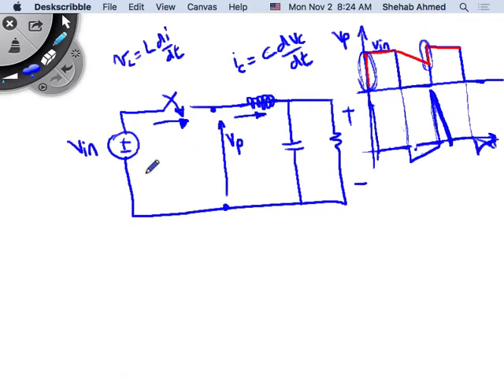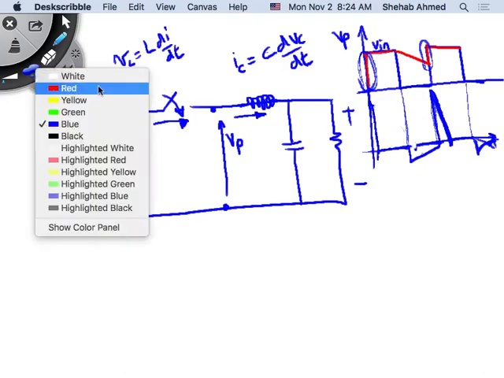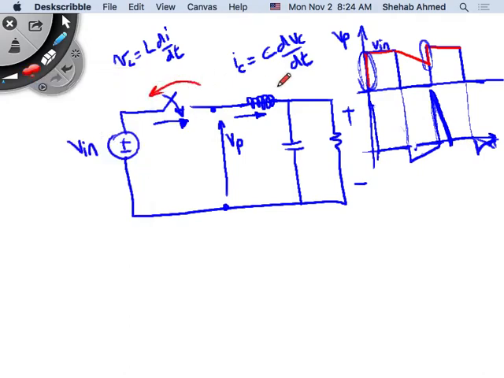From Kirchhoff's voltage law, forget about everything else, it's small. Just look at the voltage across the switch and the voltage across the inductor. If everything else is small, then the voltage across the switch is equal to the voltage across the inductor, right?